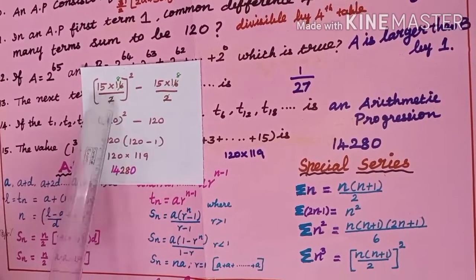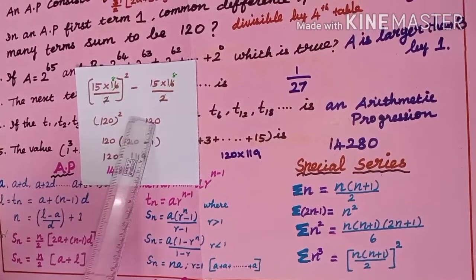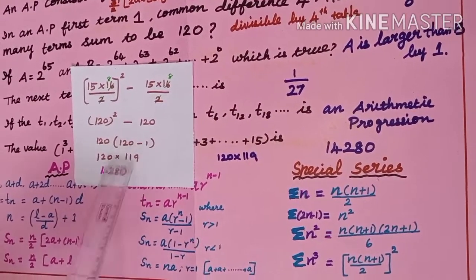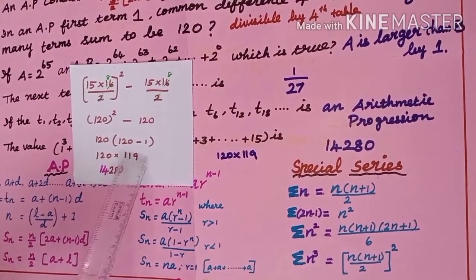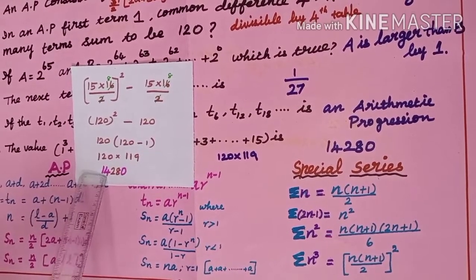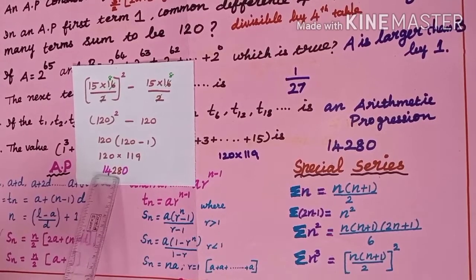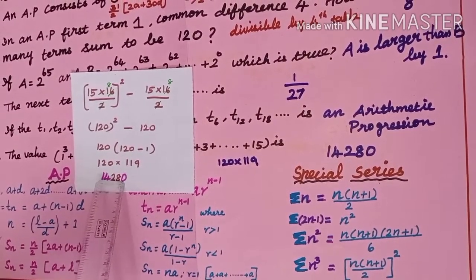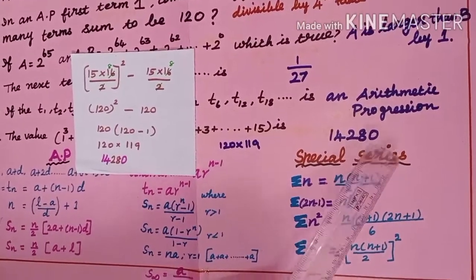This is 120 squared minus 120. Taking 120 common, 120 into (120 minus 1), so 120 into 119. So what is your answer? 14, 28, 0. 14, 28, 0. Keep it in your mind.